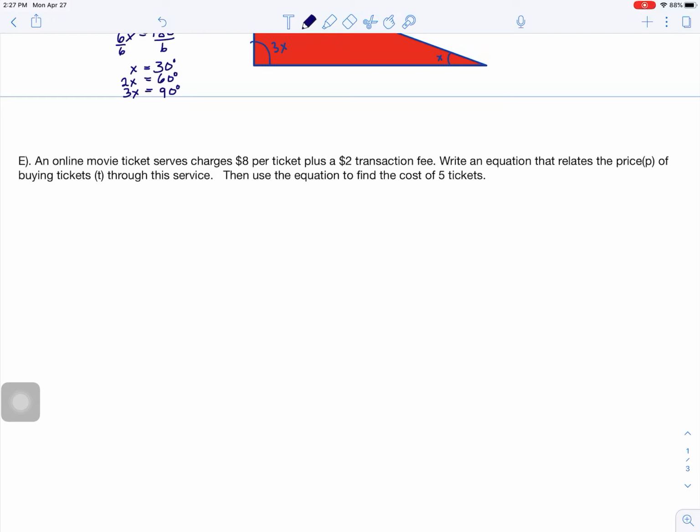Use the equation to find the cost of 5 tickets. So we're going to look at our price equals $8 per ticket plus $2. There's your formula. Now it's asking us to find the cost of 5 tickets.